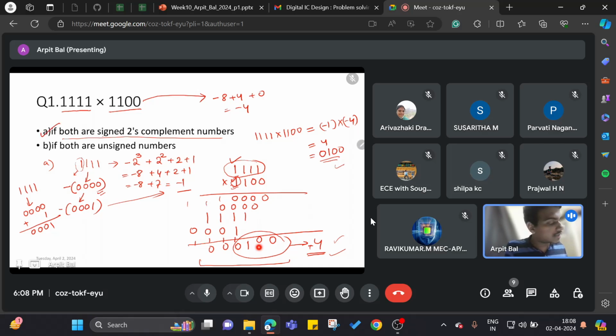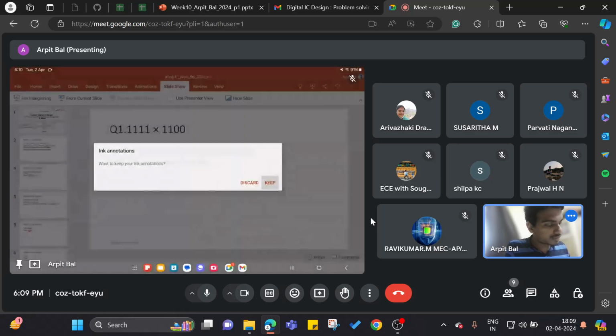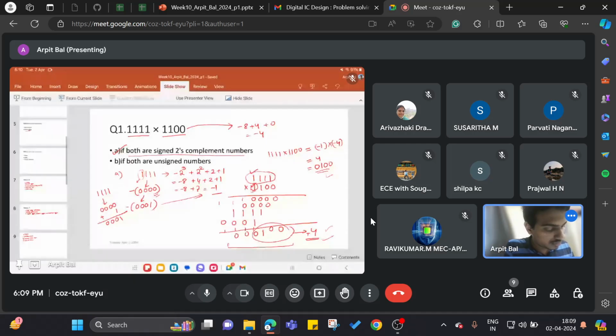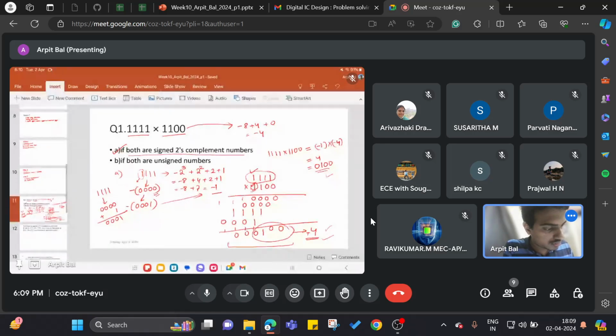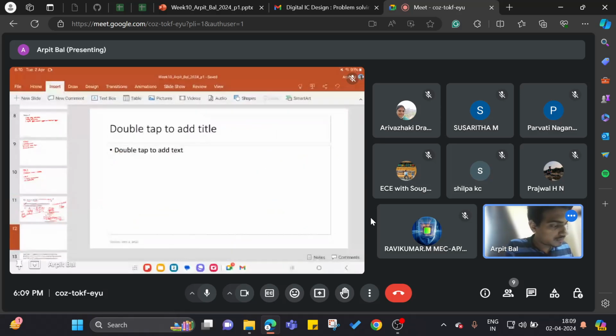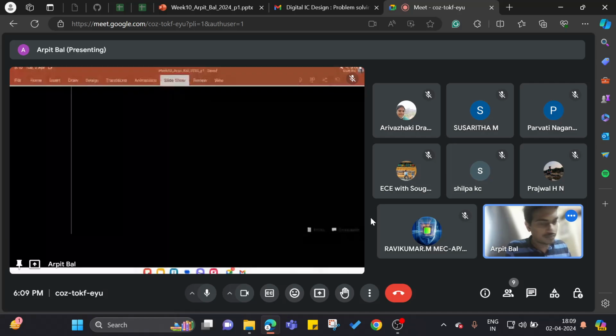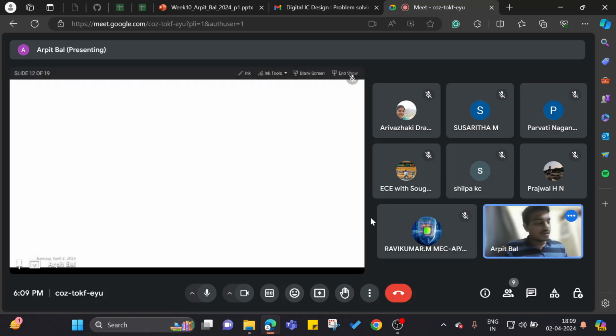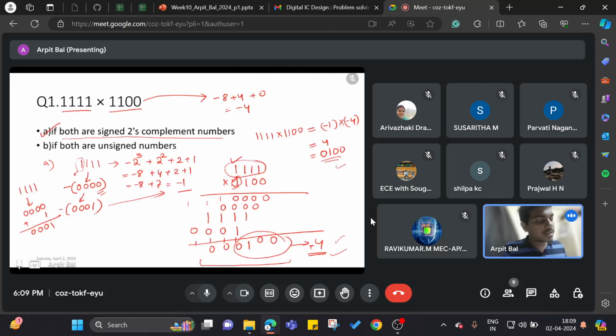What if both are unsigned numbers? Okay, I need to add a slide. Okay, so the next bit is if both are unsigned numbers.